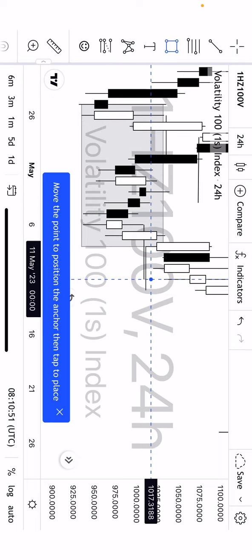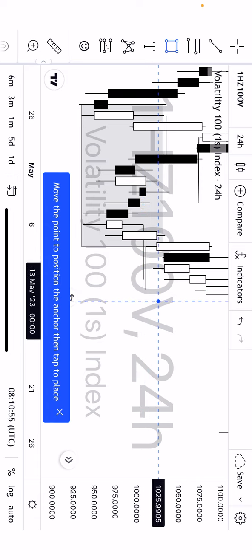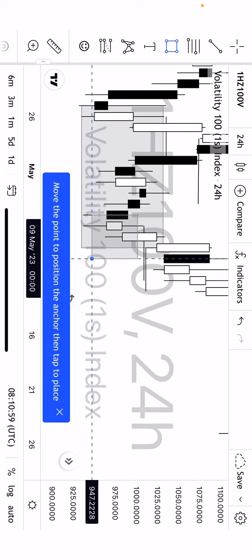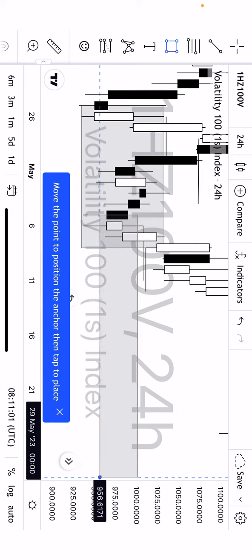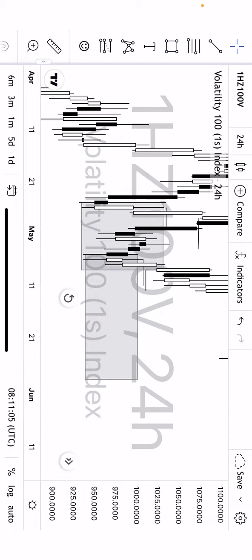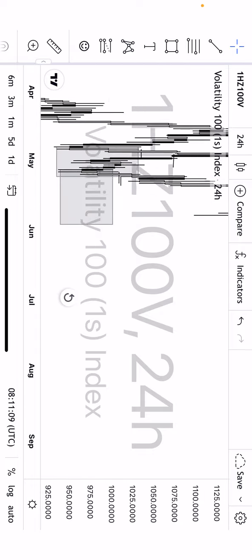Now if we are not seeing a deep fair value gap, it simply means the market had already tested that order block before moving. Okay, the market had already tested the order block before moving. So let's just mark out this and see if this was what the market used eventually.